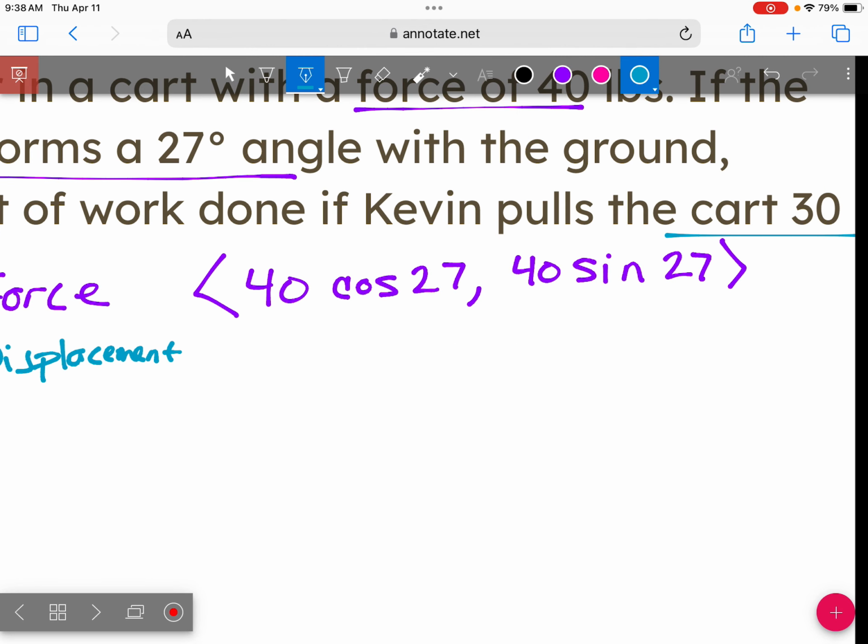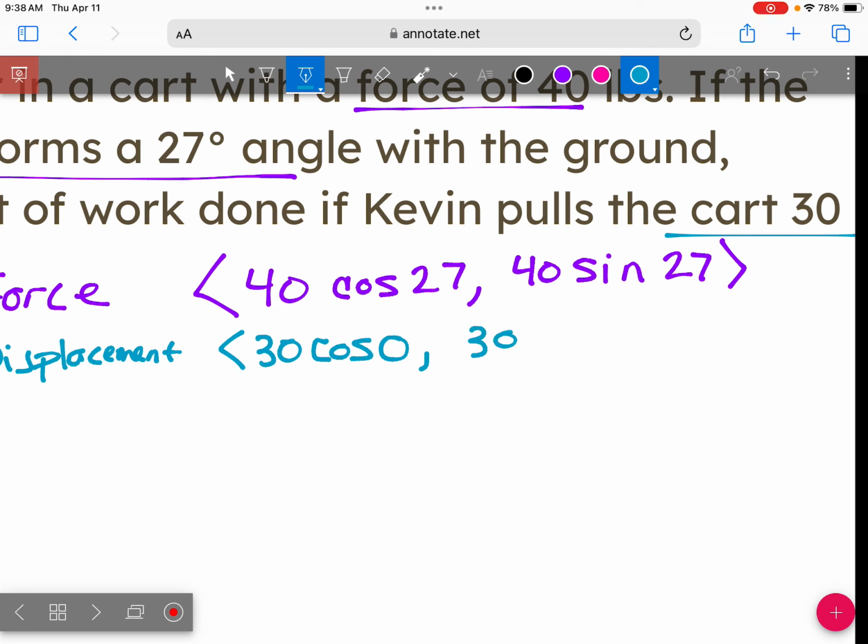So then let's do our vector for our displacement. What are we going to have here? 30 cosine of 0.